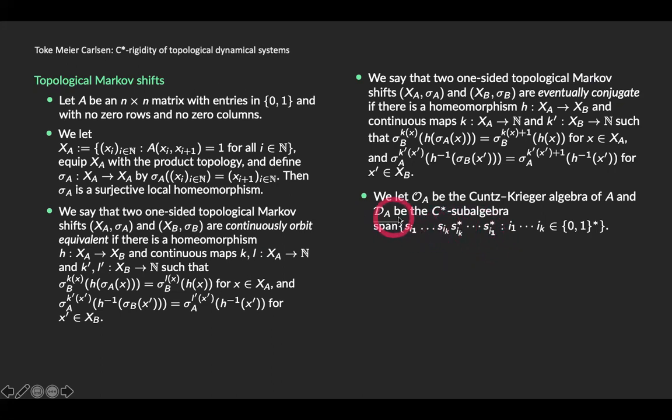This is in fact a commutative C*-algebra, and its spectrum is this space X_A here. So D_A is isomorphic to the C*-algebra of continuous functions on X_A.